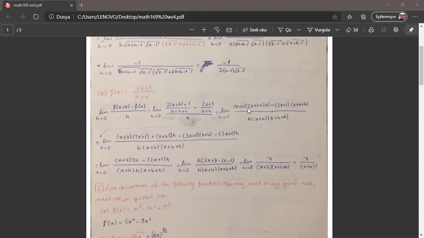And here we have x plus 4 times 2x plus 5. We multiply this by first this part, then this part, to have something easier, okay? So we have this, and then we multiply this with this x plus 4, and then h, okay? So we have these ones.